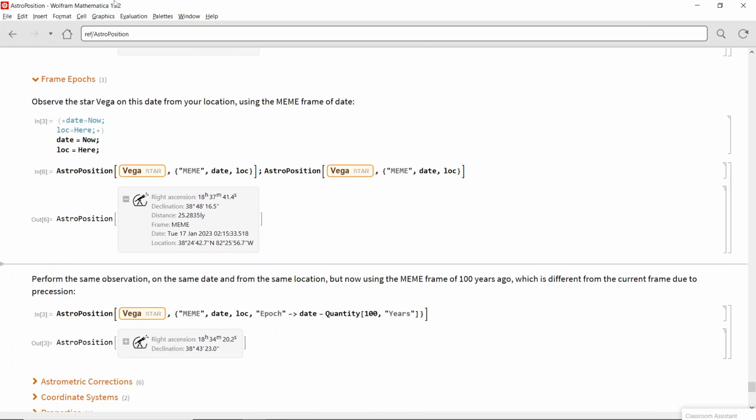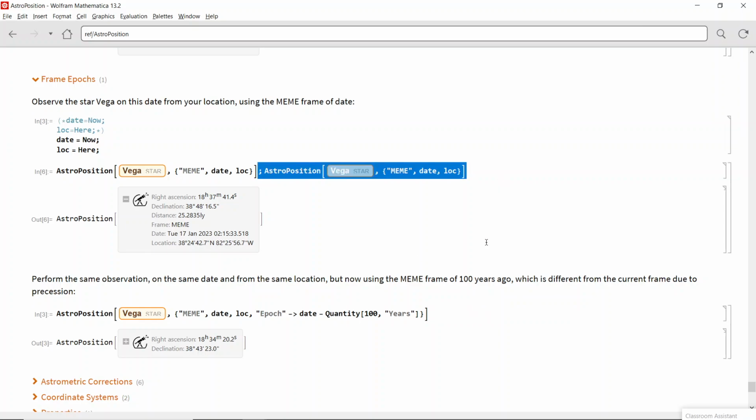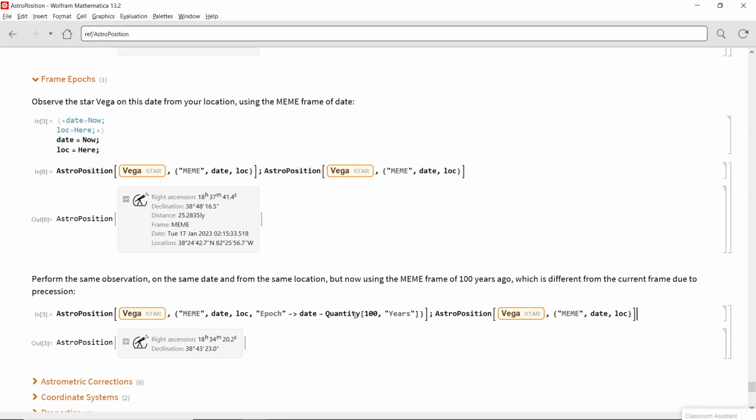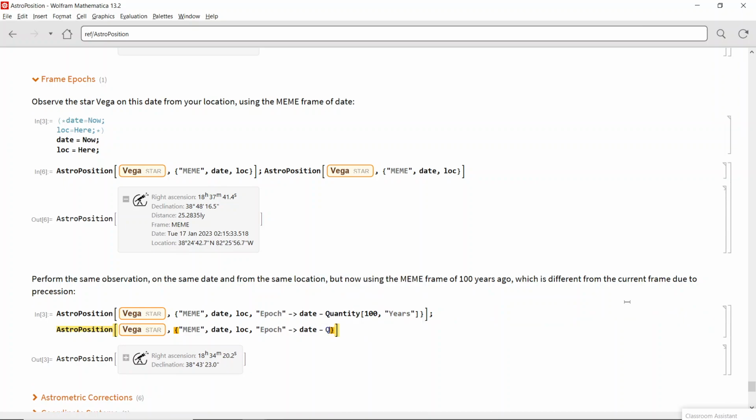Perform the same observation on the same date from the same location, but now using the mean frame of 100 years ago, which is different from the current frame due to precession. Date, loc, epoch, date minus 1 century.